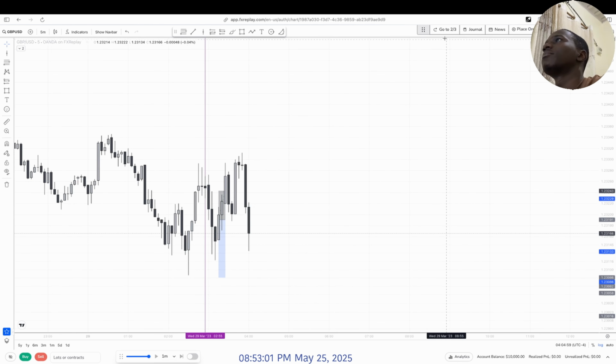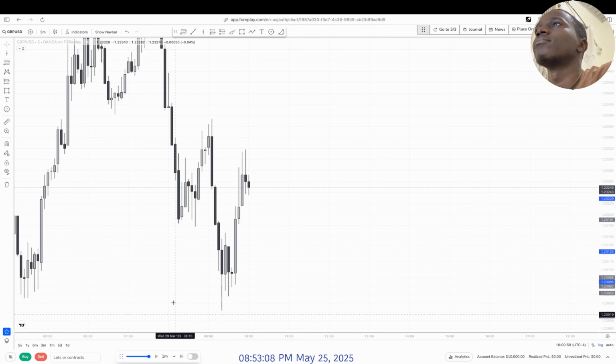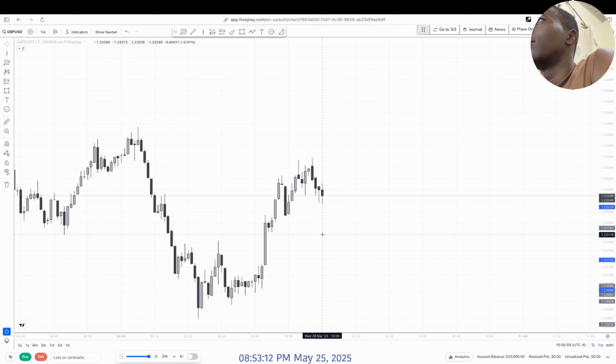This stage didn't respect the silver bullet. Next, which is 9. So let's see if the 1 minute is the best to trade with.